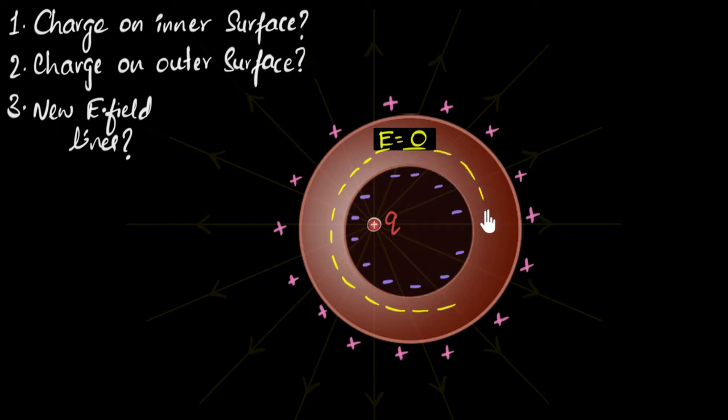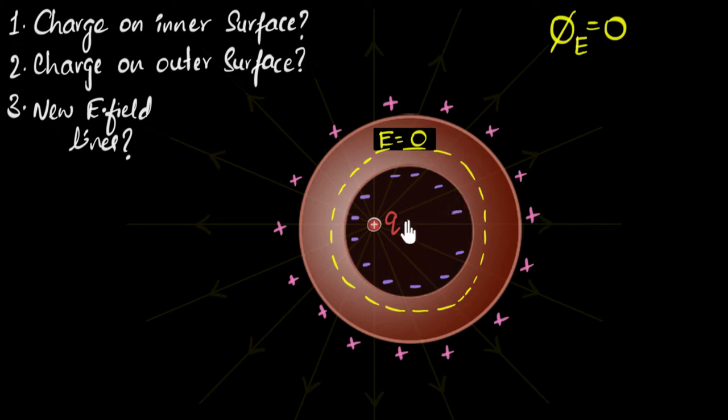So imagine this is my spherical Gaussian surface. Now, because I know that under electrostatic conditions, electric field everywhere over here is 0, therefore I know that the total flux through that surface must be 0. So net electric flux must be 0. Which means that the total enclosed charge must be 0.